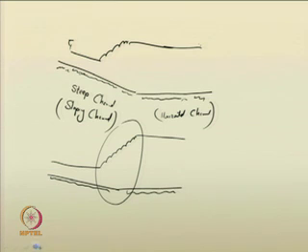Another case is you have the jump like this, and this is completely pushed to the downstream. The jump is completely pushed to the downstream. So, like that three situations one can assume for jumps in sloping channels.